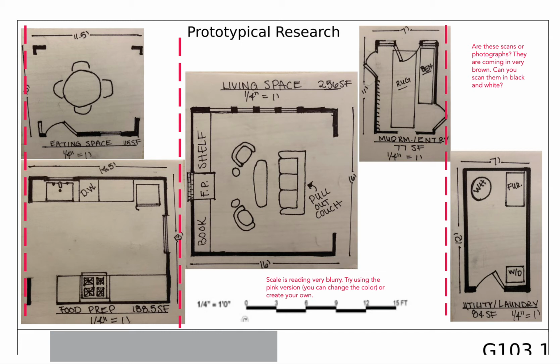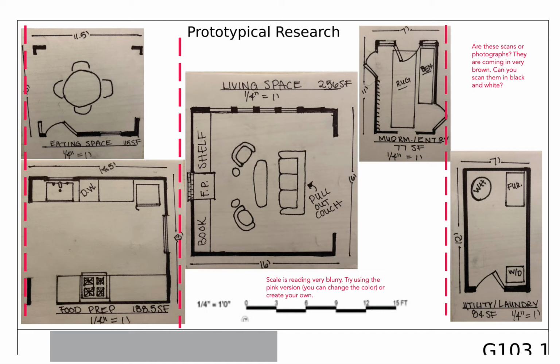And so each one looks like it's a different photograph that was taken at a slightly different angle. So I would try to minimize that as much as possible, and just doing a flat scan in black and white hopefully would solve both of those issues. One thing I also noticed was the scale that was provided in the PowerPoint is a little blurry as it's coming in.